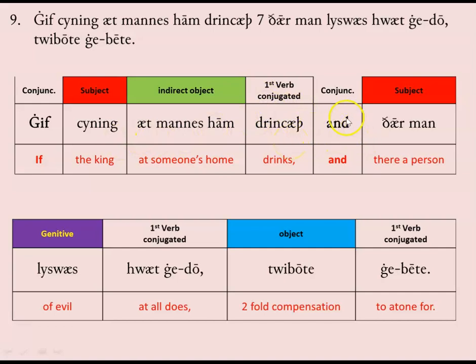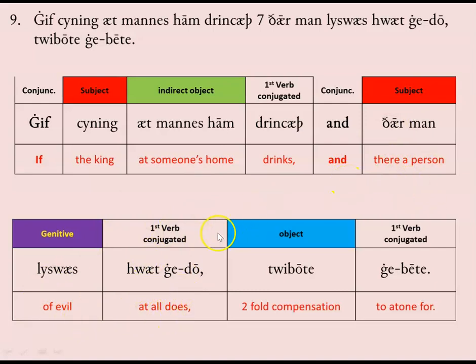Now we join a clause of equal weight, equal grammatical weight, and tharman luswas hawatido. So another subordinate clause is joined. We know it's subordinate because the verb has gone to the very end. So there a person of evil at all does.